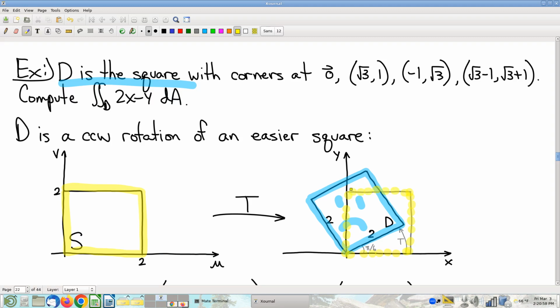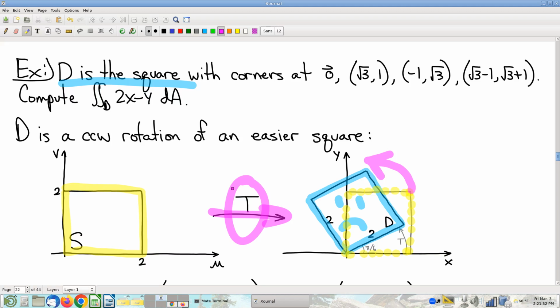So I observe that the blue square is a counterclockwise rotation of that yellow square. Now we're going to have to quantify exactly what this function, this thing called t, this rotation function that rotates counterclockwise by a given angle, pi over 6 in this case. And again, notice these vertices are all given. A little bit of geometry will persuade you that this angle is pi over 6. Can I figure out that formula?